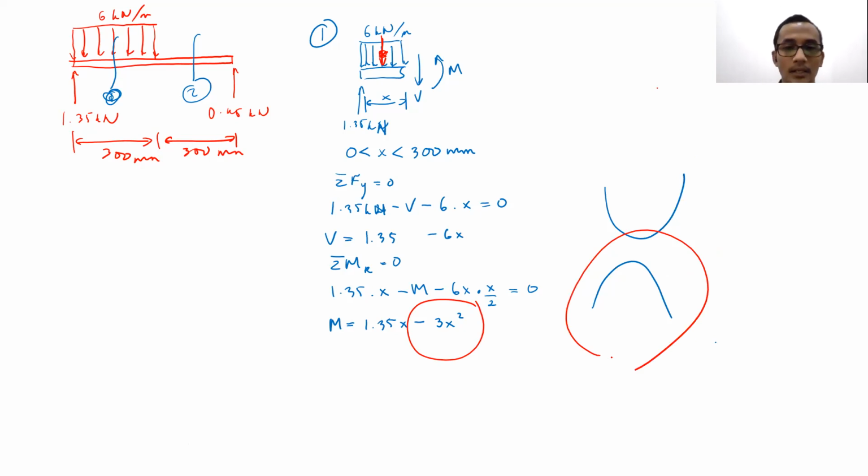Yes. Okay. Now let's try to draw the equation. So the first one is minus 6x. I think I will draw the phi first. This one is phi.